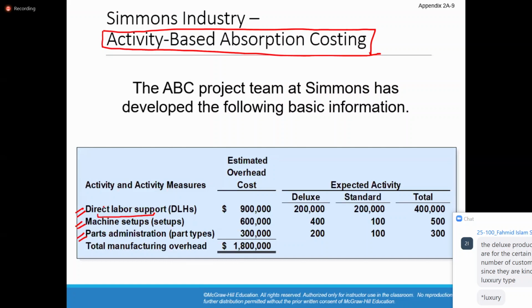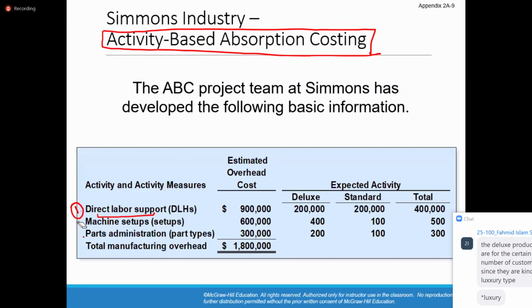So when you need some support, that is not a part of direct labor, but that is part of overhead. Direct labor support, this is one activity. Let me point out the activity. We see that this is number 1 activity. Second activity, machine setup, this one.